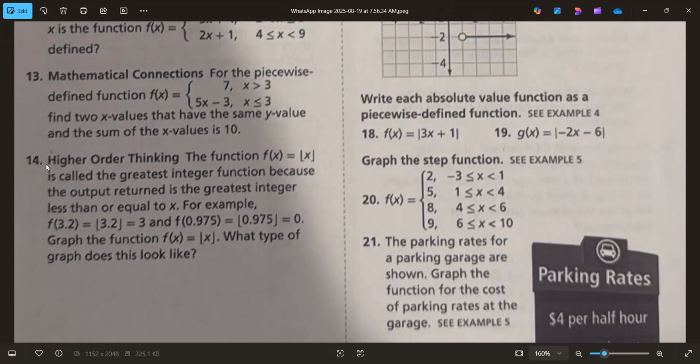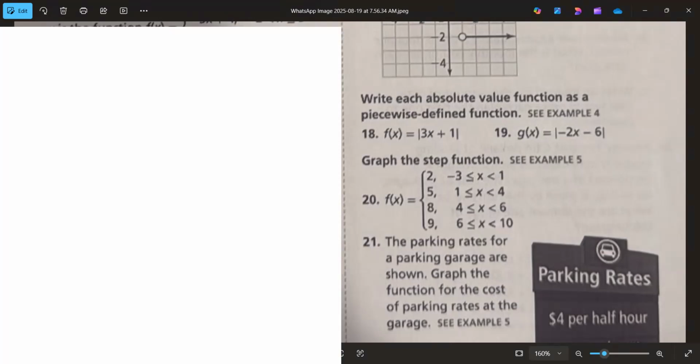It's very easy. See, mod x is what? The V-shaped curve.